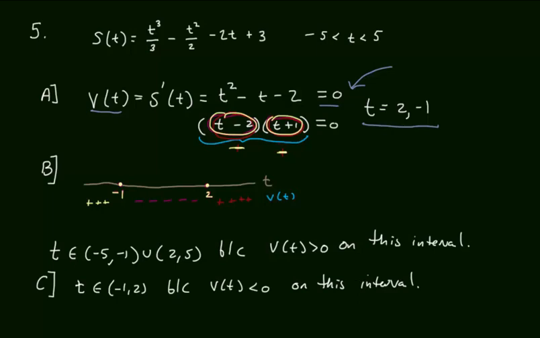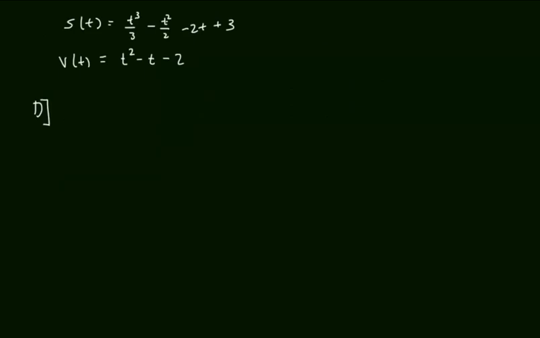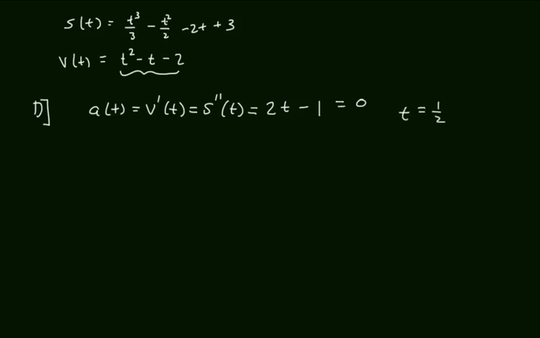Part D, on what interval is the acceleration positive? Let's find the acceleration. Acceleration is the derivative of velocity, also known as the second derivative of position. So we'll take this derivative and we get 2t minus 1. And we want to know where it's positive. So first I'm going to set it equal to 0, and that's going to give me t equals 1/2. If I employ this no point number line business, then I locate 1/2, I label this t, and I figure out the sign of a.